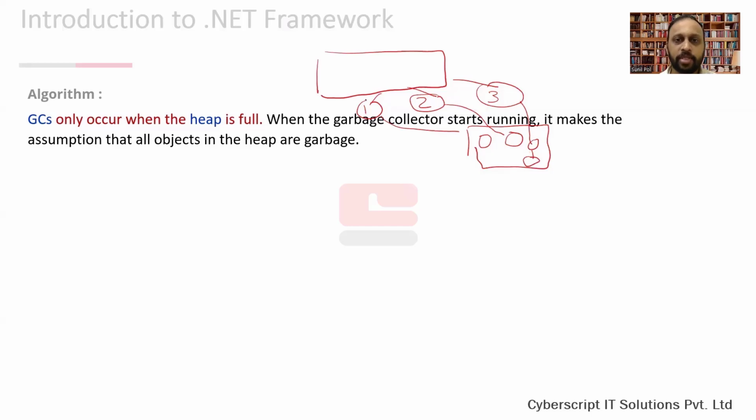But after some time, suppose application root 1 has finished its task and is closed. Then this object is not referred to by any application root because root 1 is closed. So the garbage collector will consider it garbage, a dead object. And these three objects are referred to by application roots 2 and 3, so they are live objects.